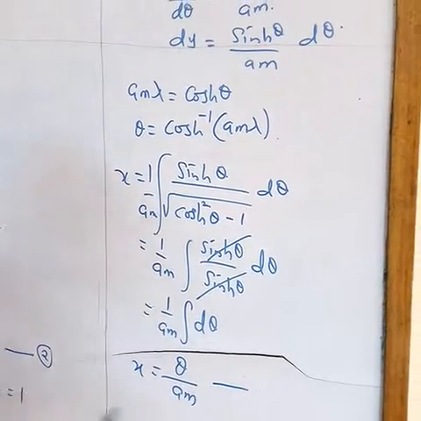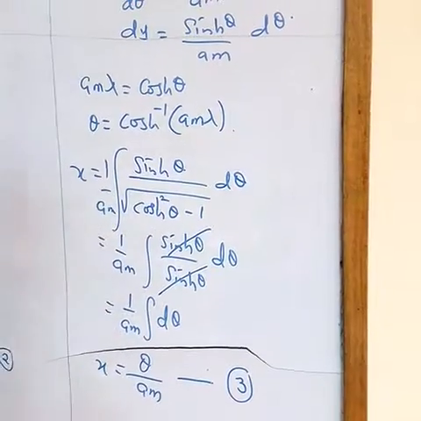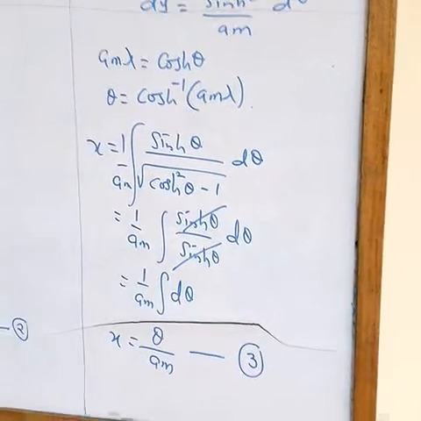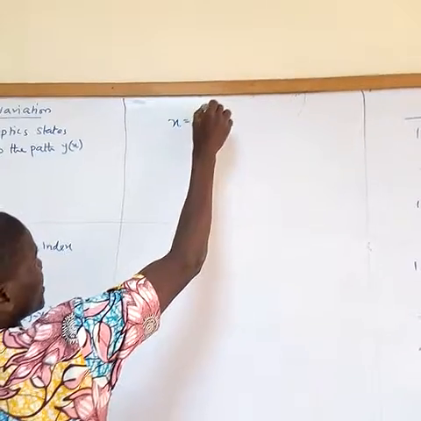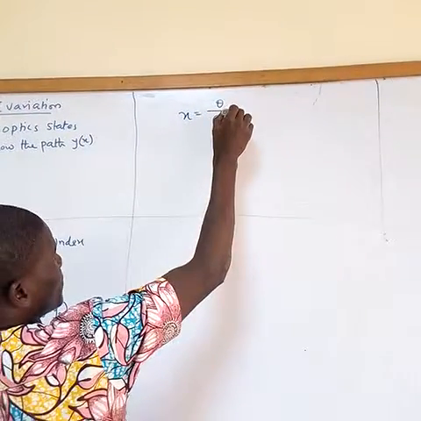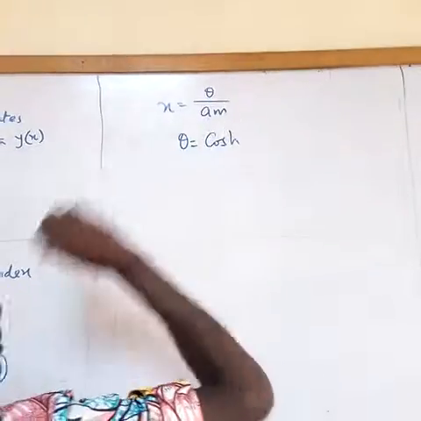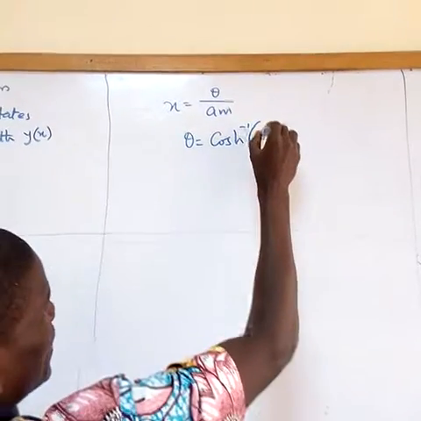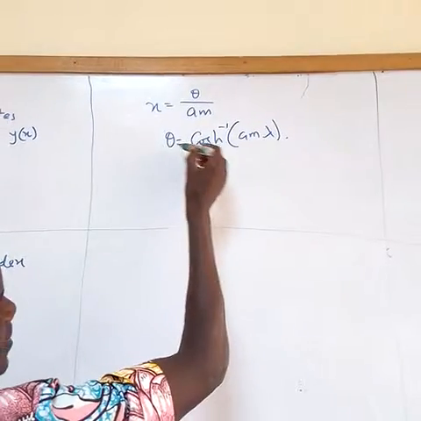So let's name this as our equation 3. Since we know that our x is equal to theta over am, what is theta? Theta is arc cos of am lambda.